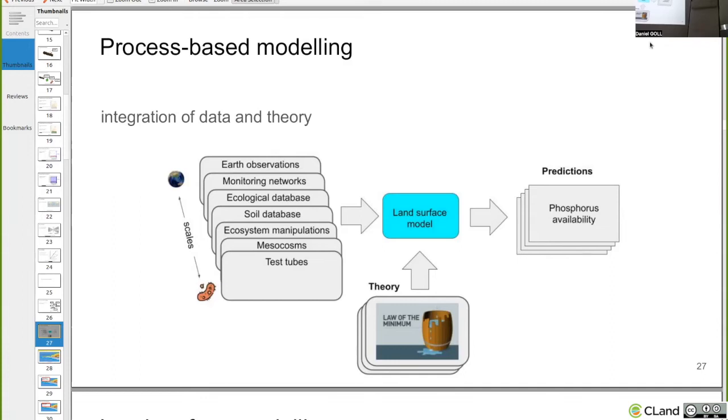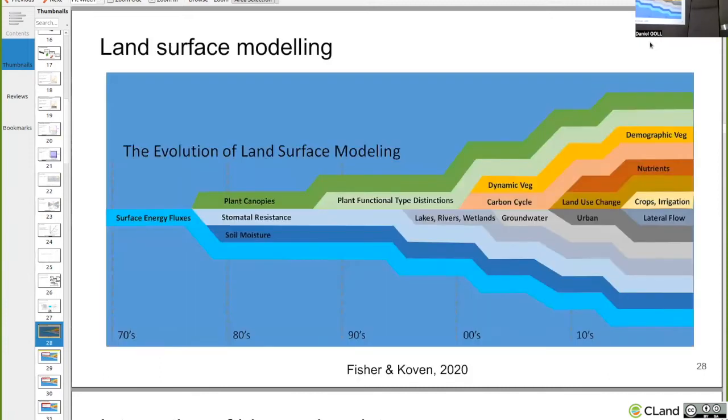That's why process-based modeling is the key, it's a major tool I apply in my research, but it's not the only one, but it's the key one. And to give you an example about the most famous one of these process-based models, I would assume it's the land surface model, and the land surface model has evolved since the 1970s, and increasingly over time, shown here, they got more and more complex, accounting for more and more processes relevant for the climate system with respect to the land surface.